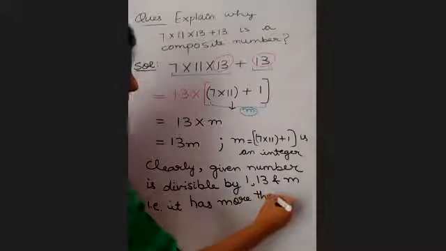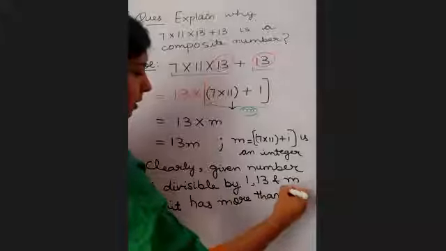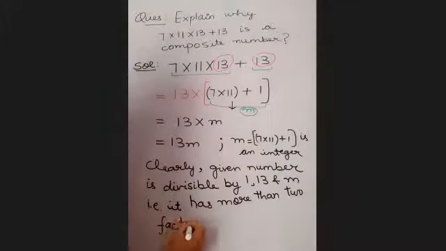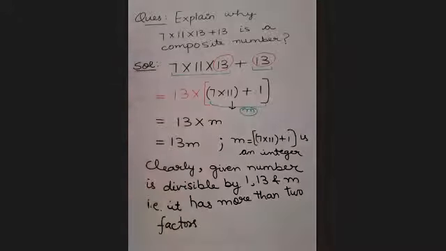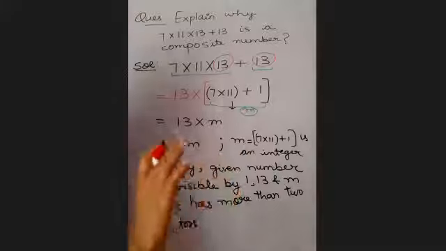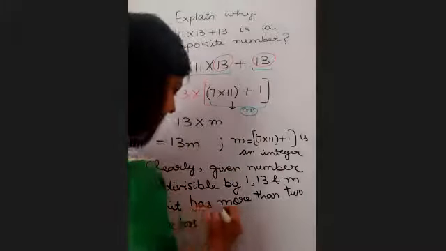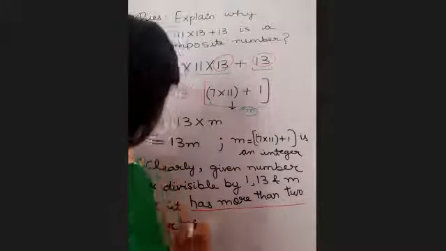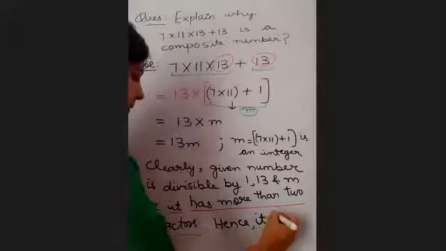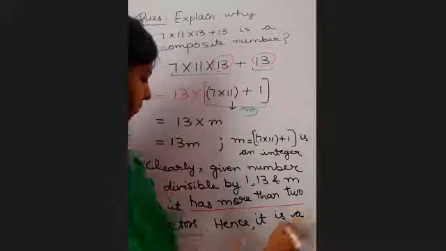Children, it is very important for us to write this, that it has got more than 2 factors. Otherwise, we will not get full marks, because this shows that we know the definition of a composite number. It is a composite number.